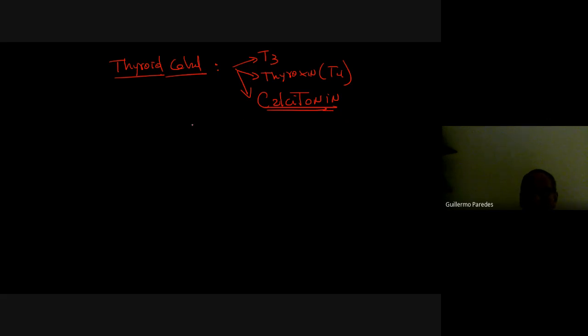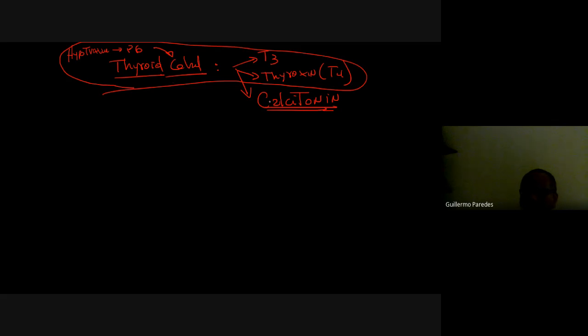One big difference, please pay attention: we have the hypothalamic-pituitary-thyroid axis that produces T3 and T4. But calcitonin is produced by the thyroid gland and is not going to follow the hypothalamic-pituitary axis.